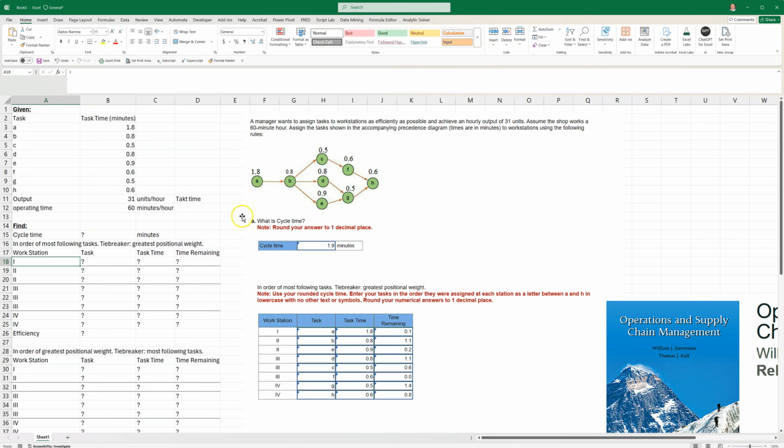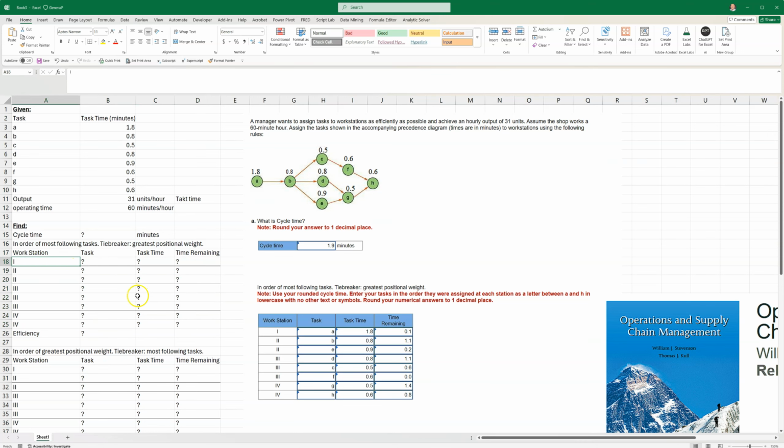The second workstation has two operations. The third workstation has three operations, and the fourth workstation has two operations. We want to know what tasks go in there and what time remains.